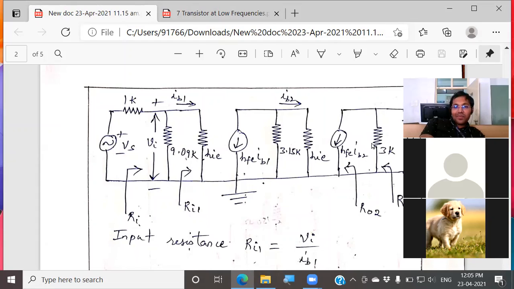Now tell me, what is the current flowing through the 3 kilo ohm? hfe Ib1 Ib2. Very good. Is it in the upward or downward direction? Downward. See, current always flows in a loop, so it flows like this.